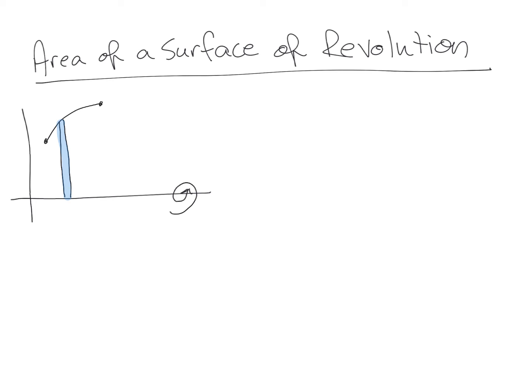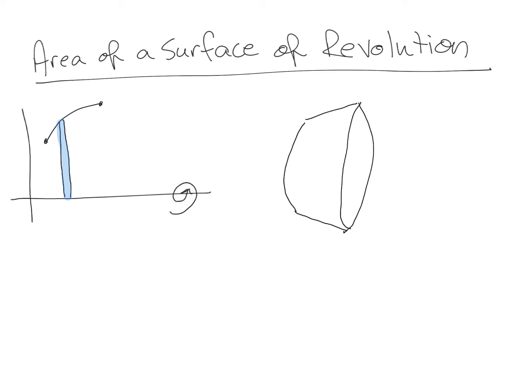Now when we take that band, I'm going to make it a little bit bigger here, and we rotate that one piece of arc about an axis of rotation, then we're going to end up with something that's equal to a strip, a slice of a cone.